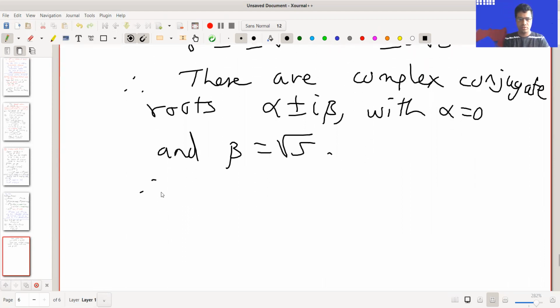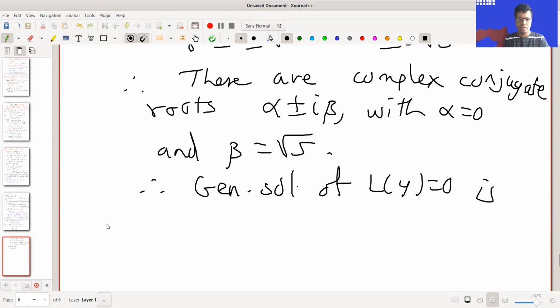Therefore general solution of L of y equal to 0 is y equal to, so these two solutions are e raised to alpha x cos beta x and e raised to alpha x sin beta x.